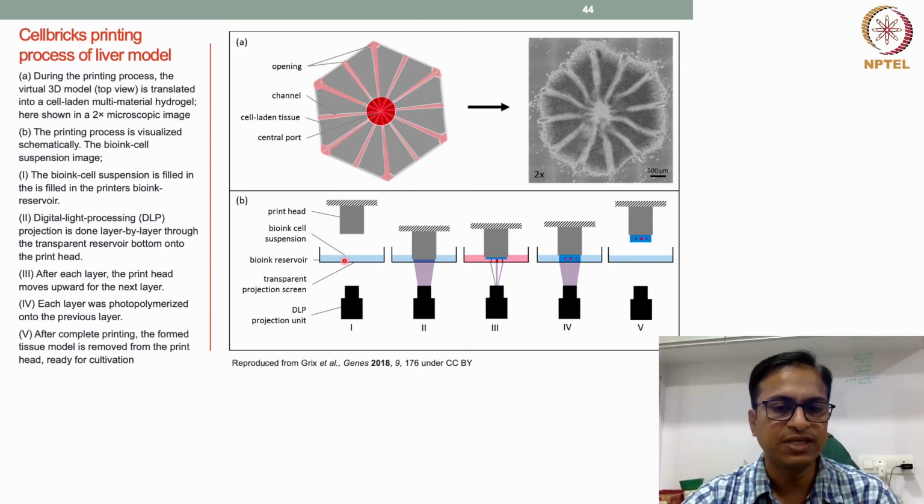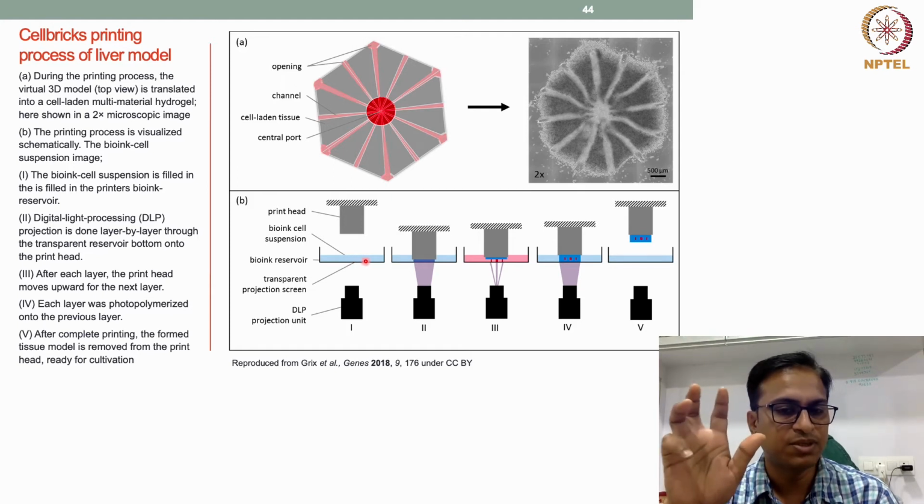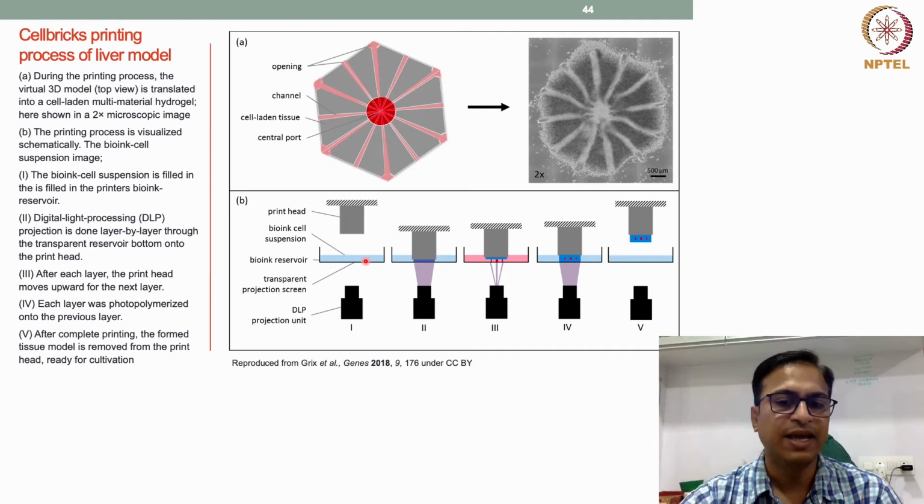Then it will project the light in the design of that particular layer, and this layer will be solidified. When the first layer is done, the printhead will be moved up by another layer, so there will be another fine layer gap.